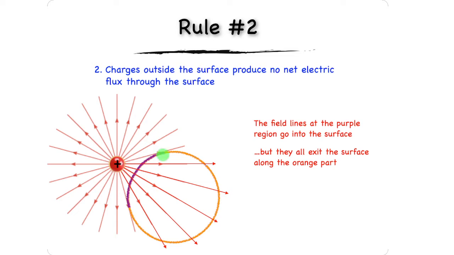Now, one thing that we can note is that in this purple region where we have an influx of field lines, we'd call that a negative flux. Flux is defined as positive when it goes outwards. The field is stronger here because the field lines are more dense. But what do you notice about the area of the surface that has an influx compared to the orange area, which has an outflux?